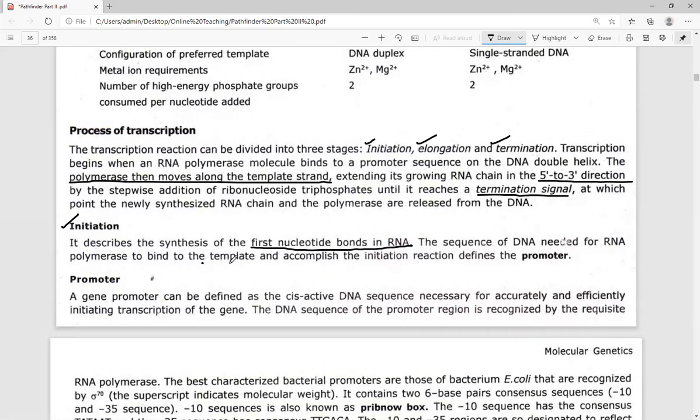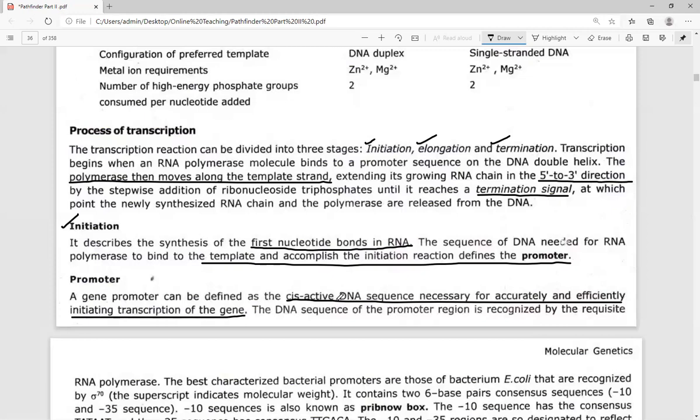Okay, now which sequences are needed to initiate the process of transcription? This is defined by the promoter. A gene promoter can be defined as cis-acting DNA sequences necessarily required for the accurate and effective transcription of a particular gene. So, what is a promoter? A promoter is a cis-acting DNA sequence.